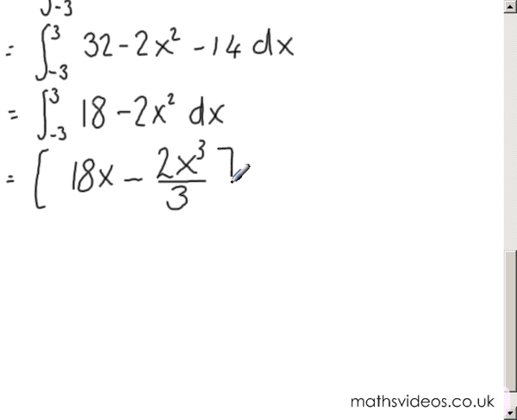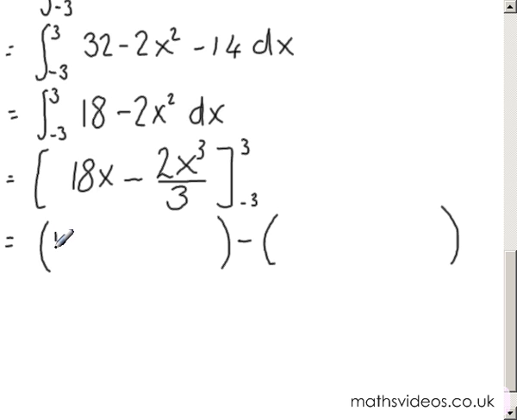And remember, we're integrating between 3 and minus 3. So what we need to do now is put down 2 separate brackets. We're going to write our expression here in both brackets. In the first one, we substitute 3, and in the second one, we substitute minus 3.